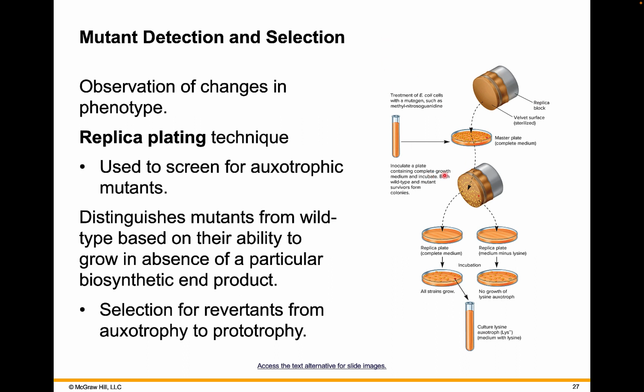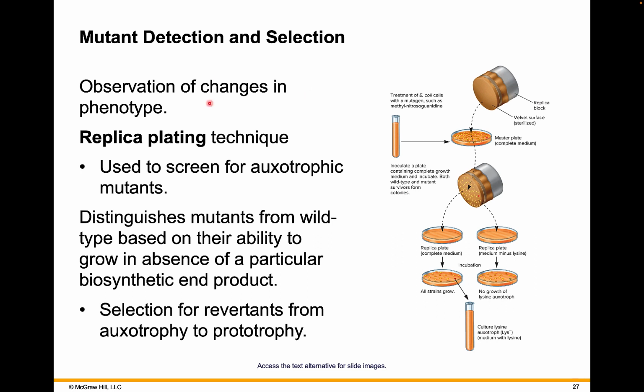Many times a particular auxotroph may not show any physical differences. These colonies are cream color. The auxotroph and the prototroph both may be the same. If they have blue or red colonies, a change in color, then it's very easy to identify.